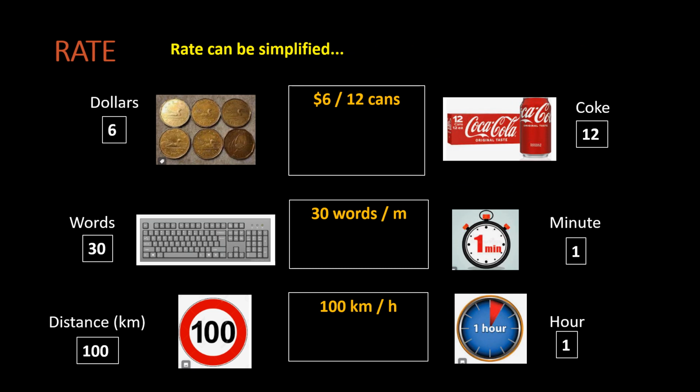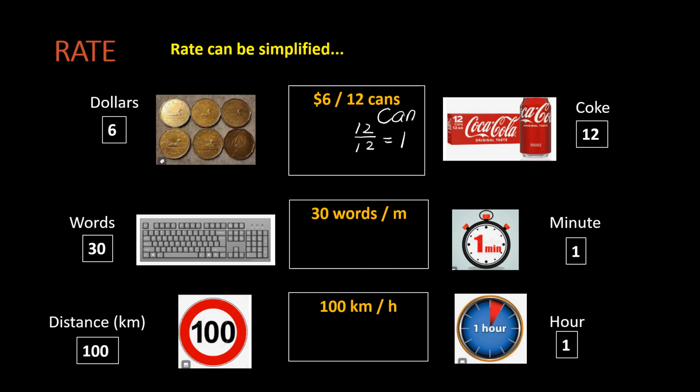Rate can be simplified, and we usually want to find per unit. And in the first case, we have $6 per 12 cans. Now we want to find how much per can. In this case, if we divide here by 12, we get 1.